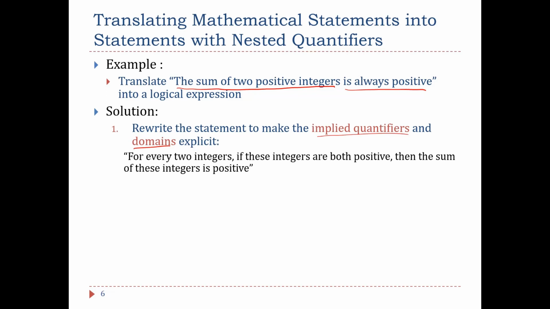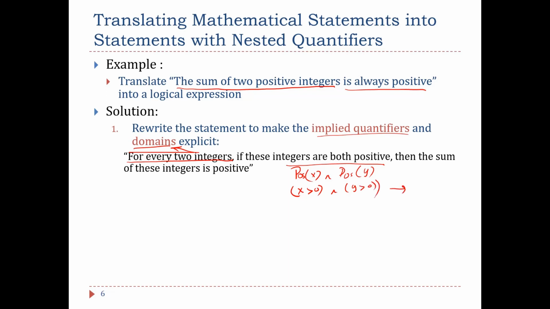A rewriting preserving the same meaning for the sentence would be as follows. For every two integers, so we make the domains explicit here, or two real numbers, if these integers are both positive, and this is a property on those integers, so it's two predicates, positive of x and positive of y, that we can also simply write as x is greater than 0 and y is greater than 0, then we have an implication.